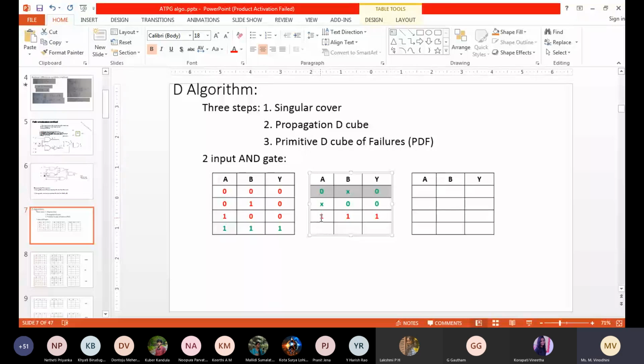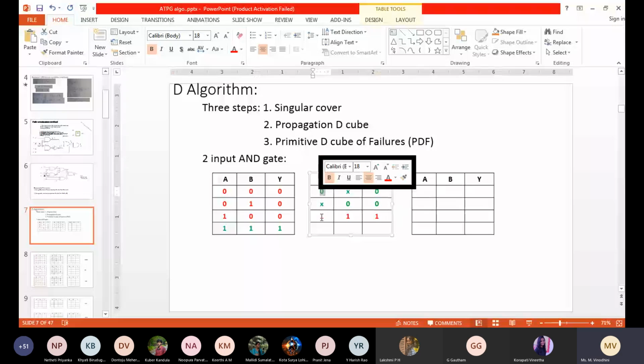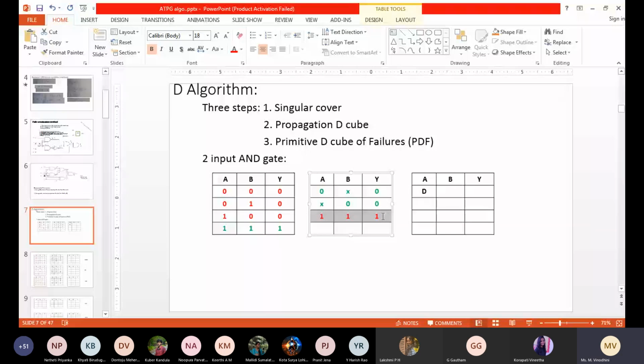When I compare 1 with 0, I will get D or D bar. This is good, this is bad. That means 1/0. That is D or D bar. 1/0 is D. I'm considering this red as first, comparing with green color.